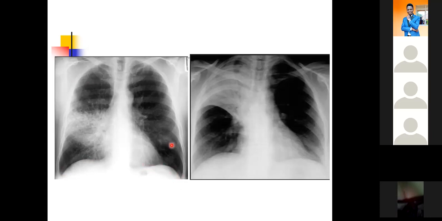And then during radiographic anatomy, we clearly said that the lung parenchyma should be of equal transradiance. So the left should be equally black or dark as the right. But look here, what is happening? We have an opacity there.